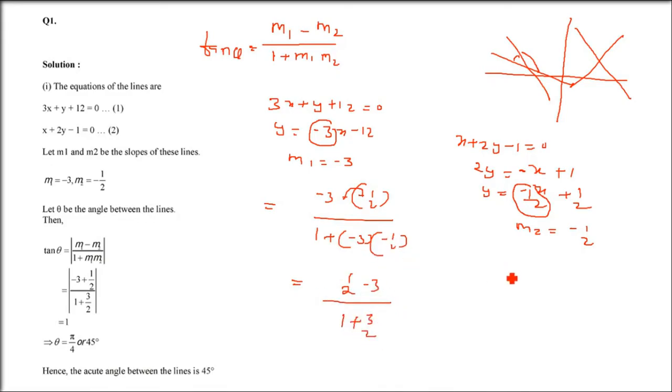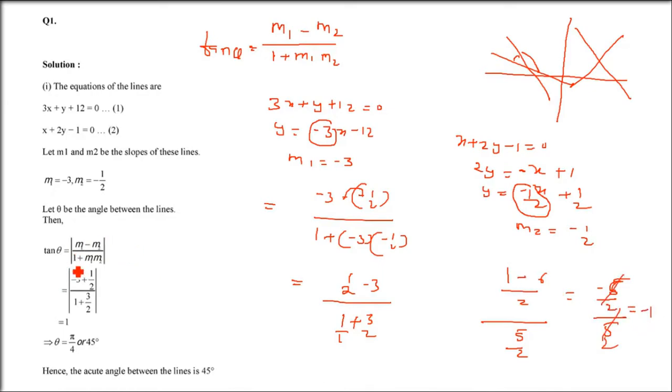If you solve this, the numerator is 1 minus 6 by 2 and the denominator is 2 plus 3, so 5 by 2. You get minus 5 by 2 over 5 by 2, so it gets cancelled and you get minus 1.